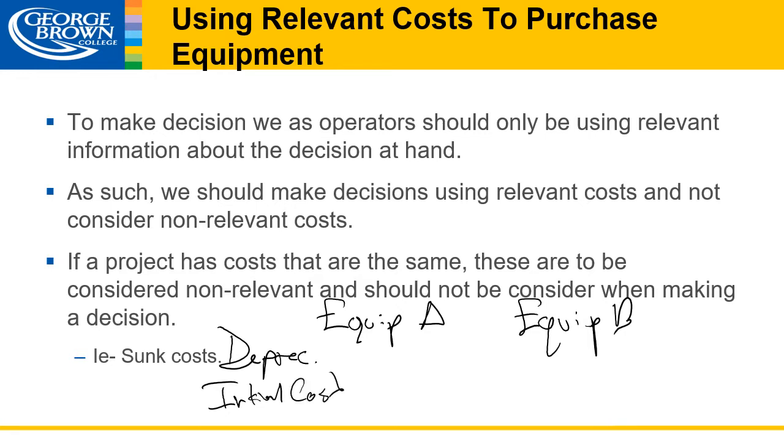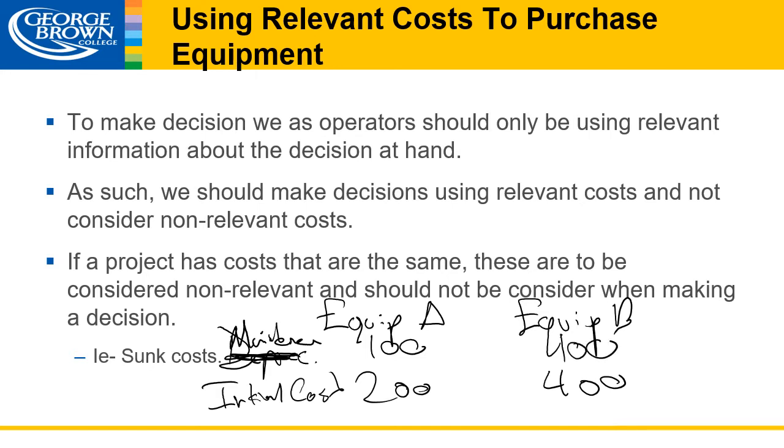Okay, well, I guess this is a bad example with the depreciation. Let's say instead of depreciation, let's do maintenance, because depreciation is based on the initial cost. Let's say equipment A costs $200. Equipment B costs $400. The maintenance on equipment A is $100, and the maintenance per year on equipment B is also $100.